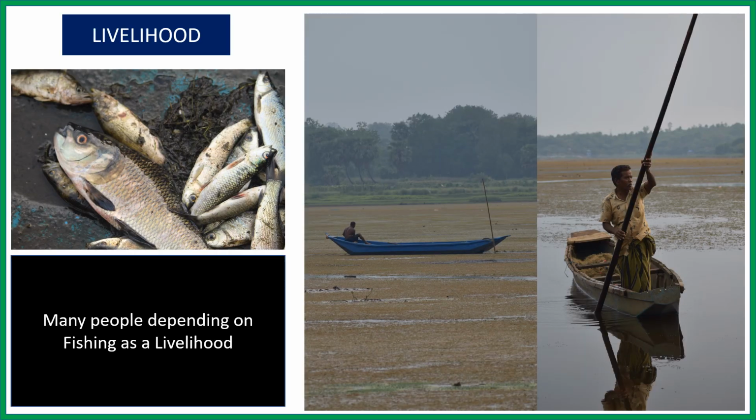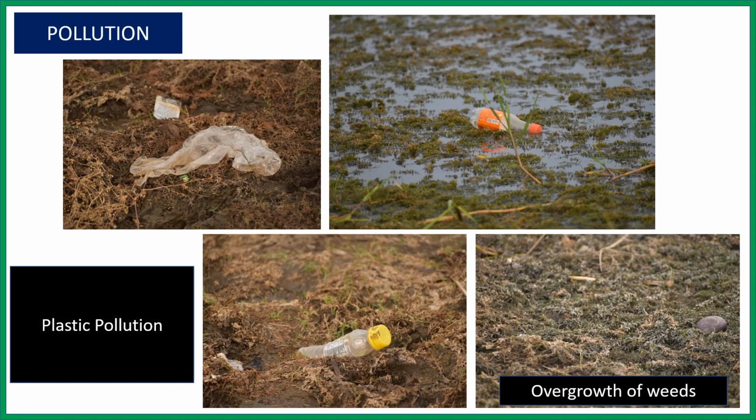There are many communities that rely on the lake for their livelihood, especially for fishing. But you can see the pollution. There is so much plastic pollution and some overgrowth of weeds.